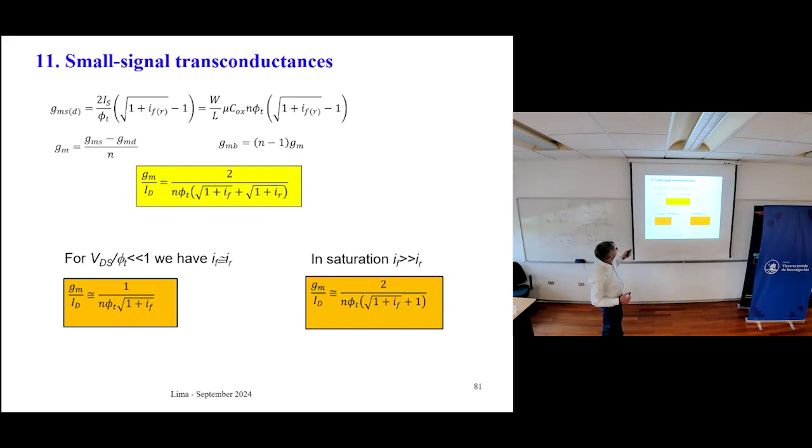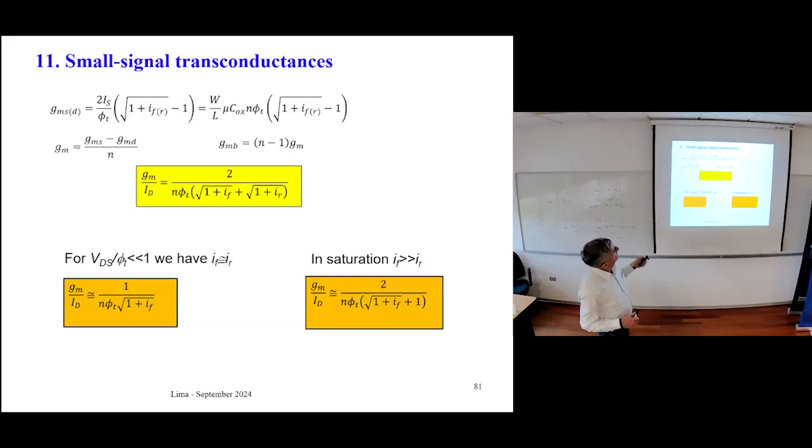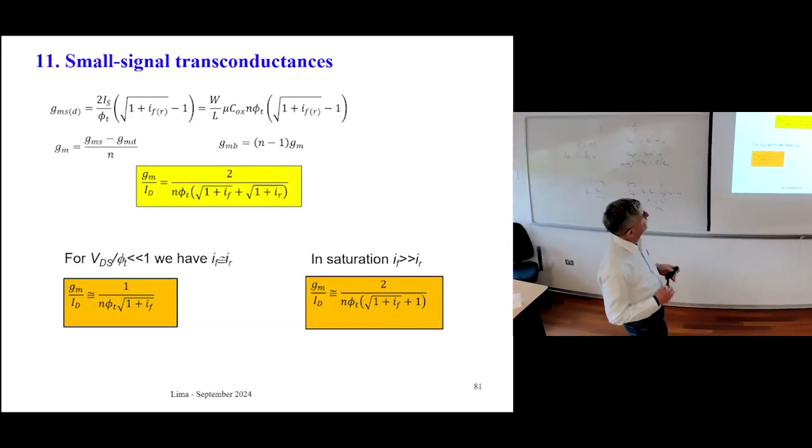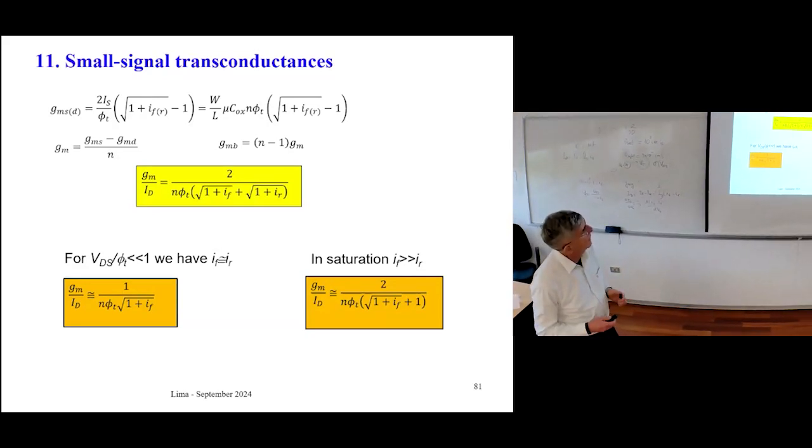The source transconductance is associated with the inversion level at the source. And the drain transconductance is associated with the reverse current, or the inversion level at the drain. And we can replace IS in terms of mobility, etc., and the G is given by this expression right here.